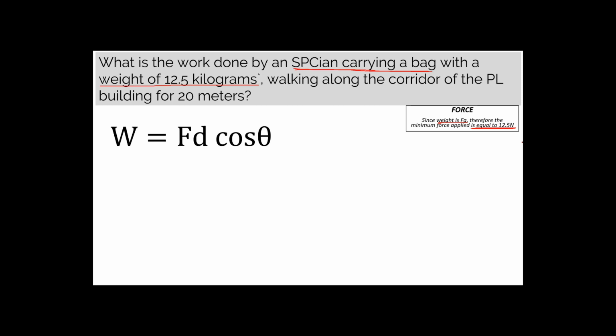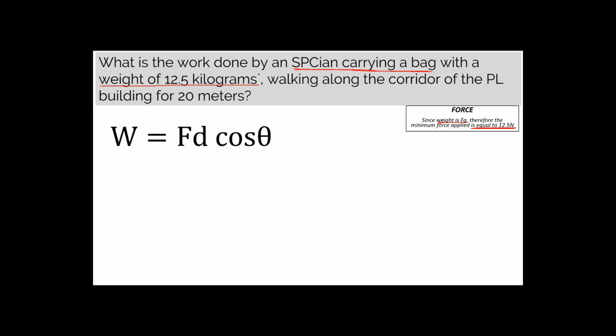So since hindi natin alam ang specific force applied to the object, then we will use the minimum force required to lift a bag or to lift an object, which is equal to the force due to gravity and also equal to the weight of the object. And that is equal to 12.5, which in this case is now a force.